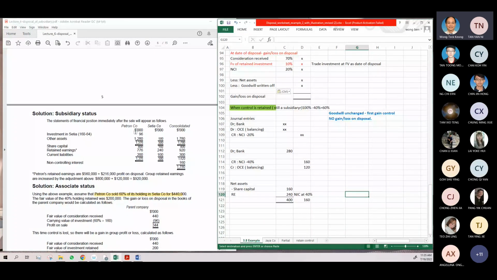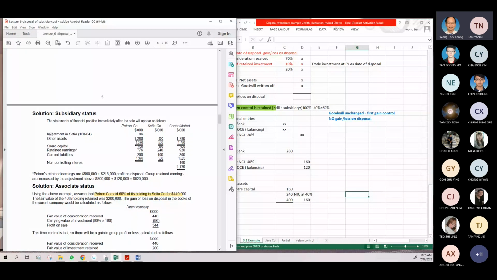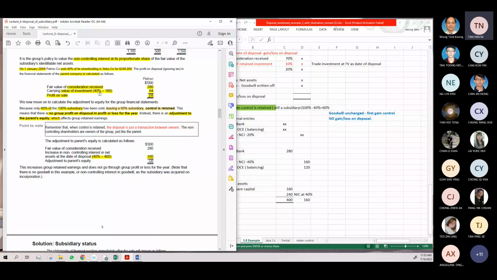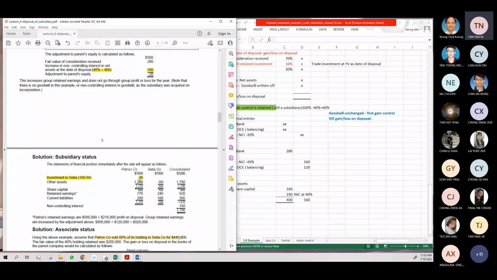So your goodwill is 96 at the parent level, not the investment in shares. You got 160, you sell off 64, which is 40% of it. Okay, 40% of 160 is 64. So 160 minus 64, you got 96. So this is your remaining 60% of 160, you got 96.